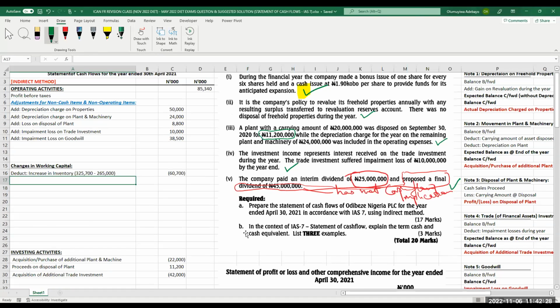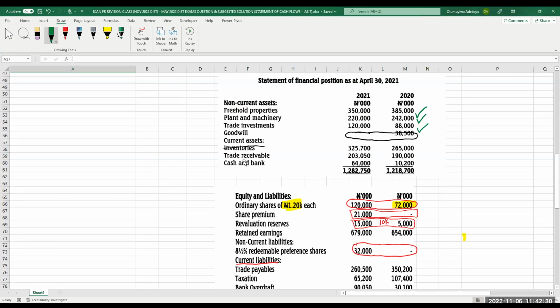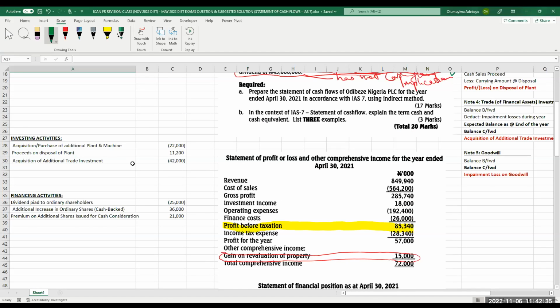Also, my trade receivable has increased from 190 to 203.50.